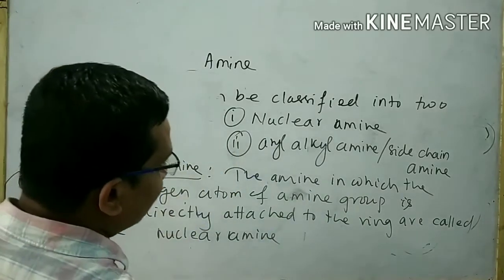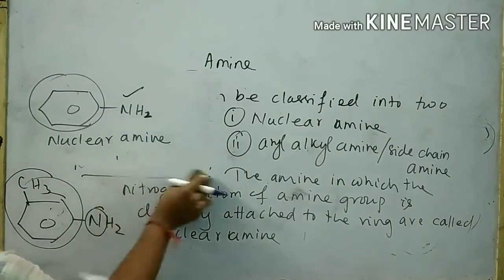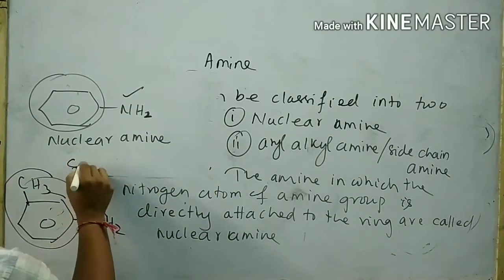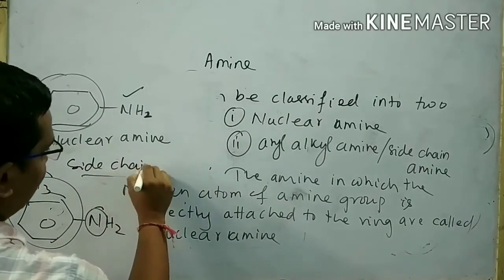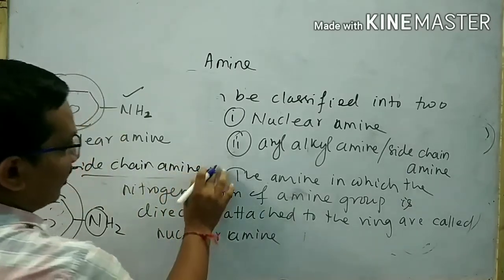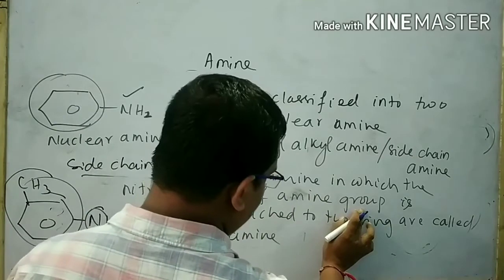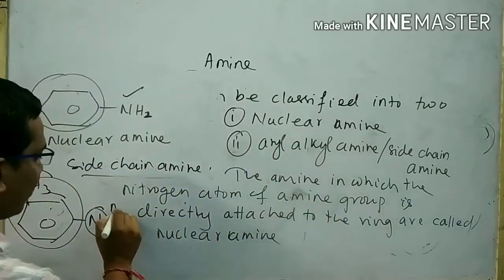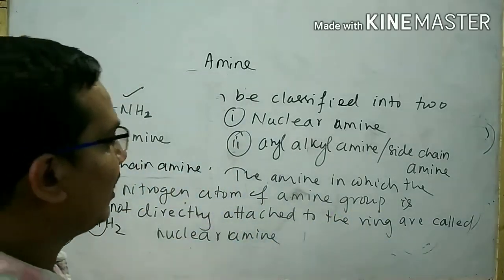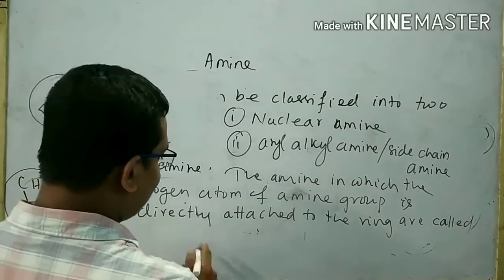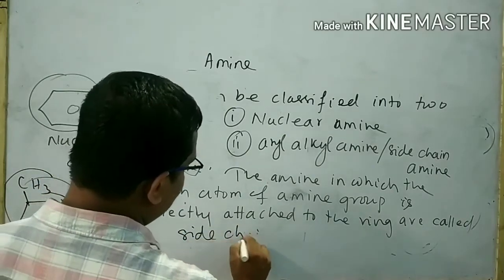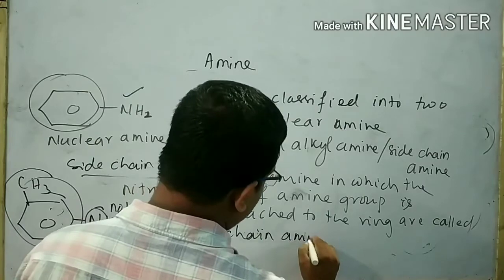Another is side chain amine. What is side chain amine? The amine in which the nitrogen atom of the amine group is not directly attached to the ring is called side chain amine.